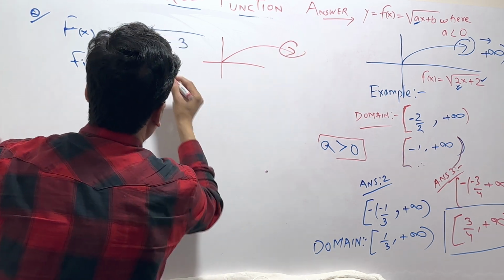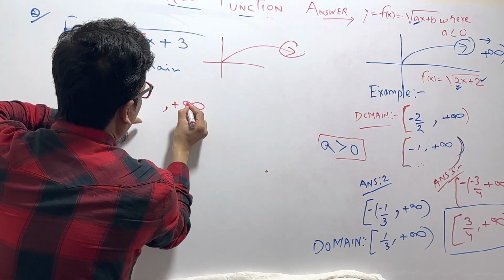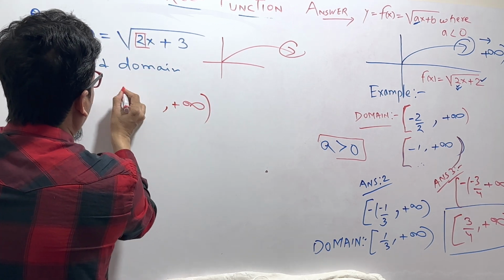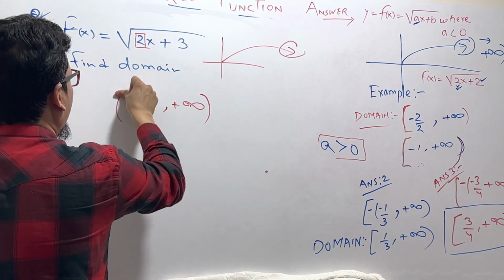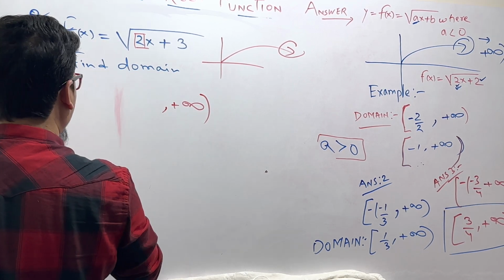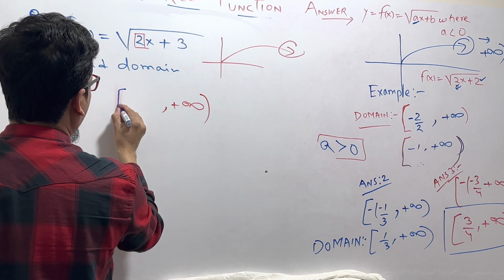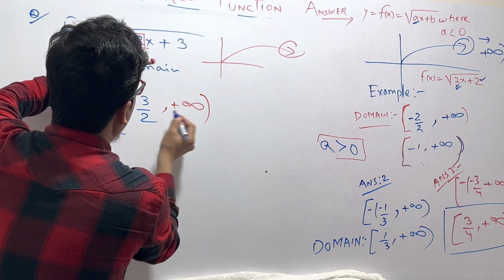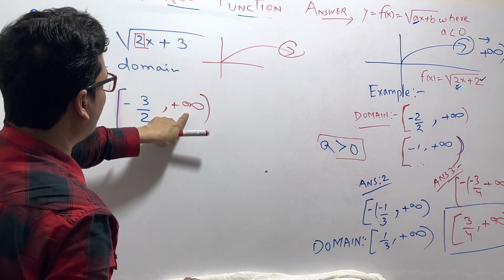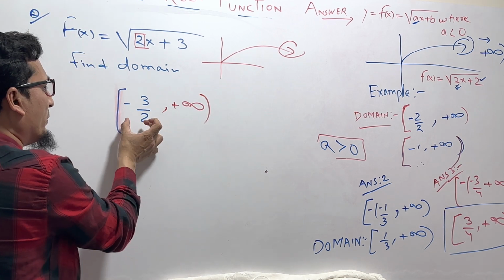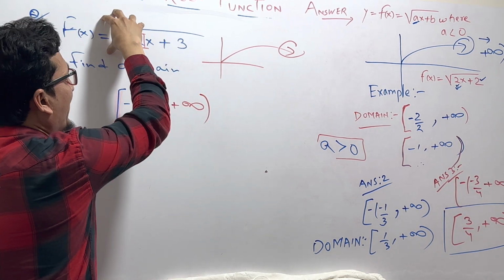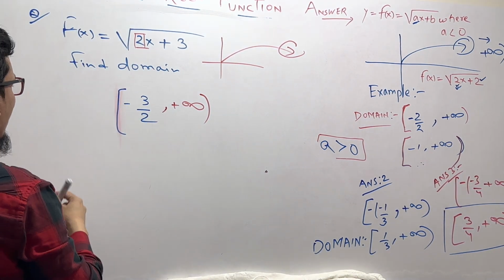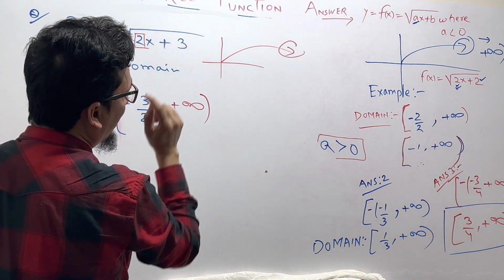It means the domain here will be positive infinity, and for the positive infinity you have to use the open bracket, and here you have to use the close bracket, then minus, this number 3 divided by this number 2. This is the domain of this function, minus 3 by 2 to positive infinity. Domain means if you give any number from here to here, this function exists, and if you give any number outside of this interval, the function never exists. So the domain is minus 3 by 2 to positive infinity.